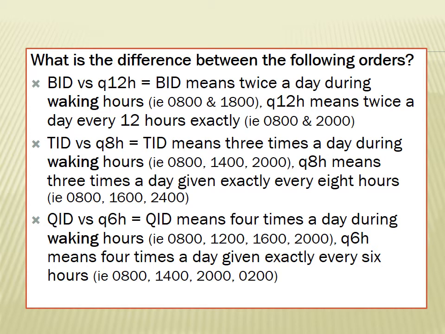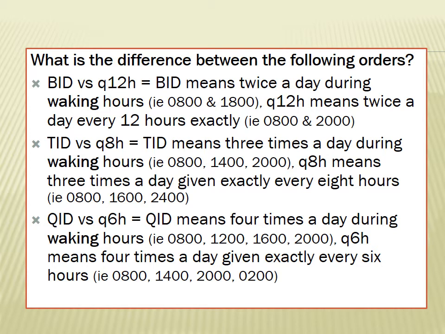For example, 8 o'clock in the morning and 6 o'clock at night, when the patient is absolutely awake. Whereas Q12H means twice a day, every 12 hours exactly. So in other words, you would give it 8 o'clock in the morning and again at 8 o'clock at night, exactly every 12 hours around the clock.